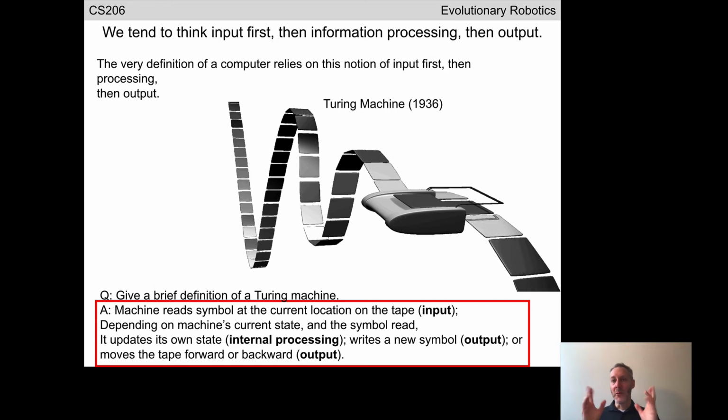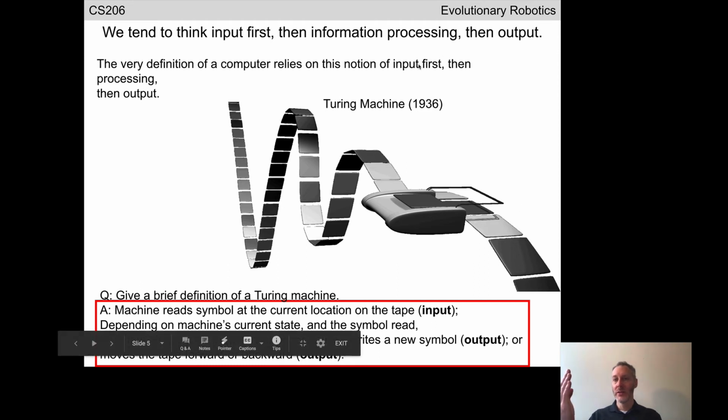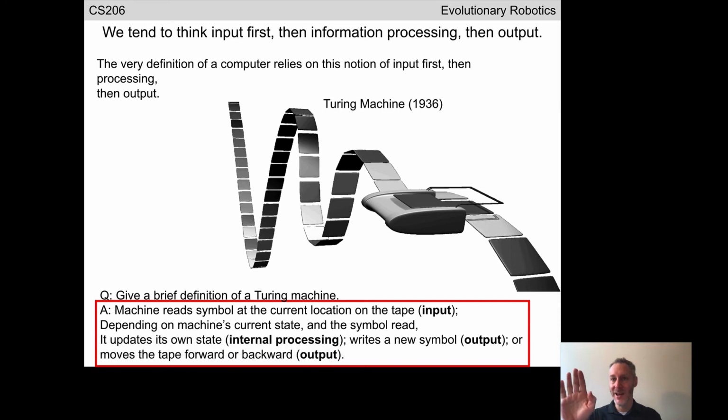However you think about it, you can sort of boil this down to the machine takes some input, does some internal processing, and then does some output. In robotics, this has become known over the decades as sense, think, and act. And we're going to tackle sensing, thinking, and acting in your robots in assignment 3, 4, and 5.